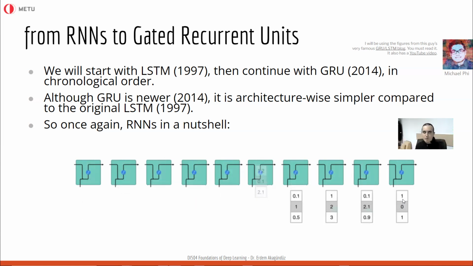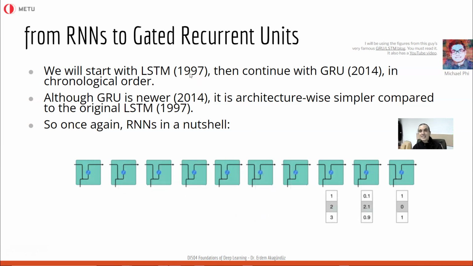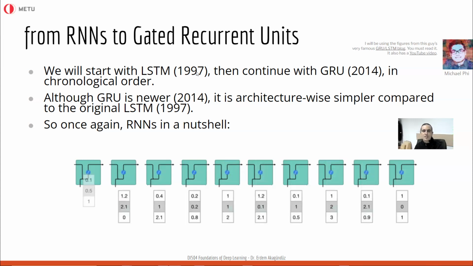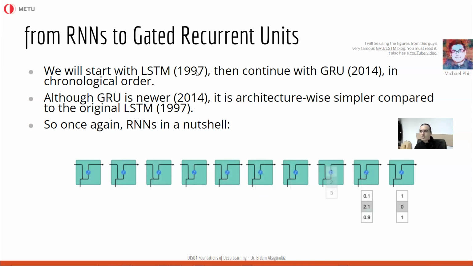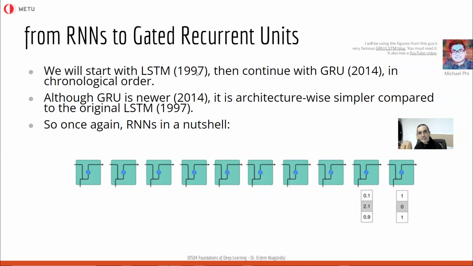What I'm just telling you is that the vanilla RNN, the simple form of RNN, was hard to train when we had very long sequences. And in 1997, actually 1996, the first time they applied for a conference, a guy from Germany, Jürgen Schmidhuber, a famous guy, came up with a design for a recurrent neural network, a specific architecture called the long short-term memory.